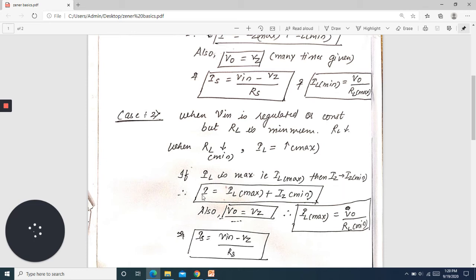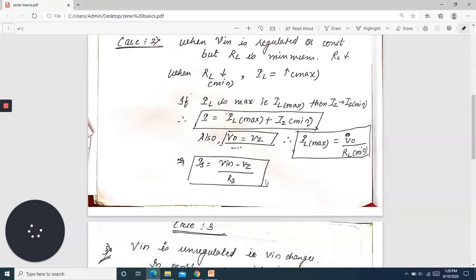So now what will be the total I? It is equal to IL maximum, because maximum current is going to flow through the load, plus the minimum Zener current. So the total current I is equal to IL max plus IZ min. Also VO equals VZ, this is common for all the cases.